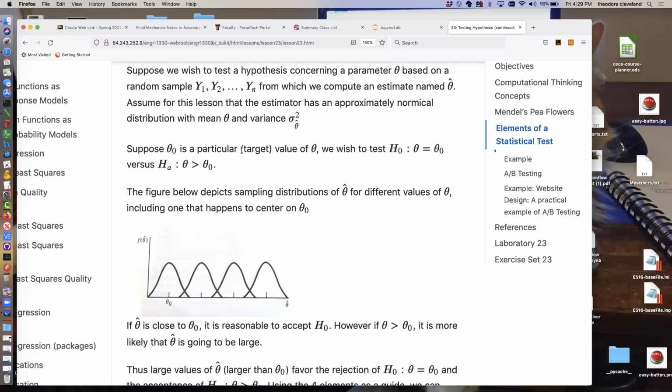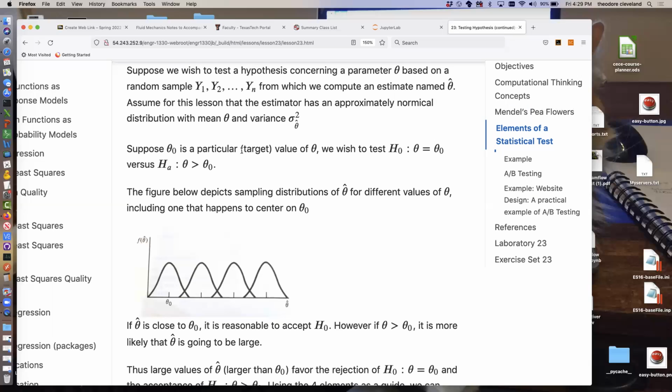And so we estimate the population parameter theta based on its equivalent sample parameter, theta hat. So all the sample parameters wear hats. And we'll assume in this case that the estimator is approximately normal with a mean of theta and a variance of sigma squared. So now suppose that we have a particular target value of theta, in this case theta sub 0, and we want to test the conjecture.